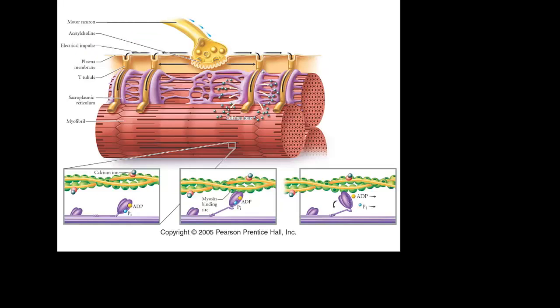Now, this is all done at neuromuscular junctions. So we're looking at the interaction between your nervous system and your muscular system. This shouldn't be a surprise that you need nerves to move your muscles.